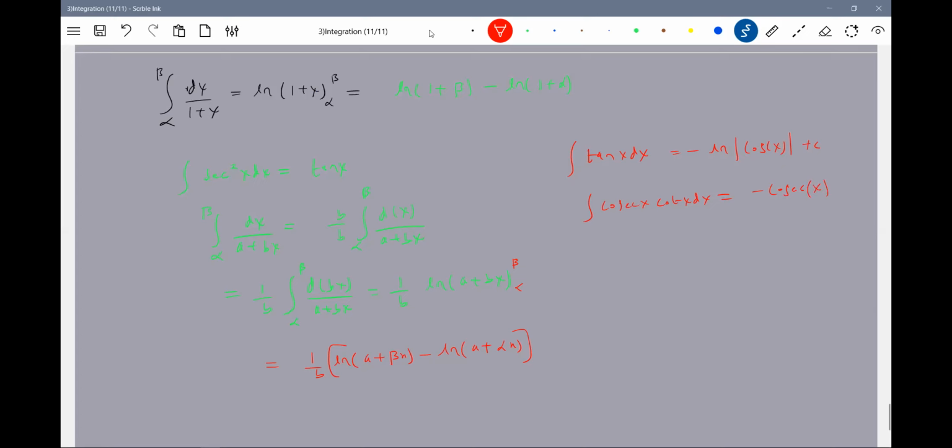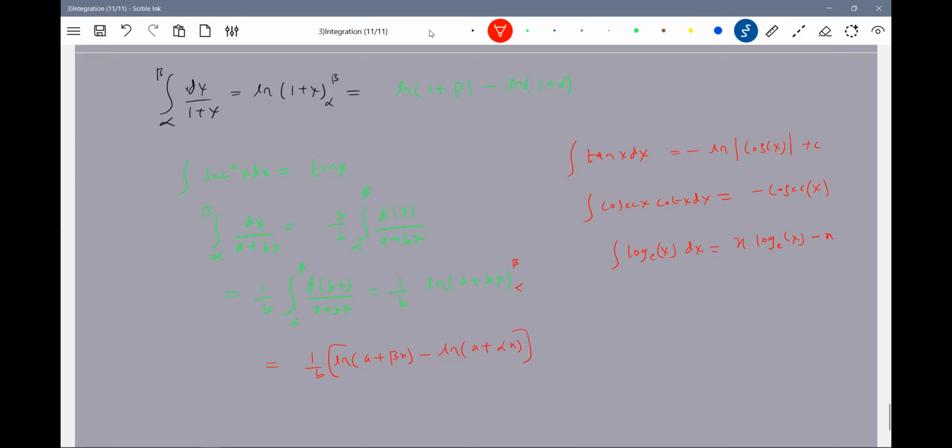There are some formulas here, I'm just writing them. No need to memorize. Integral of log x to the base e dx is equal to x log x minus x. Okay, these are some various functions which you are supposed to remember.